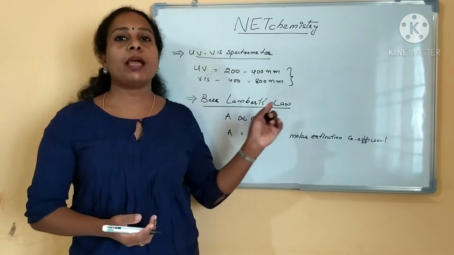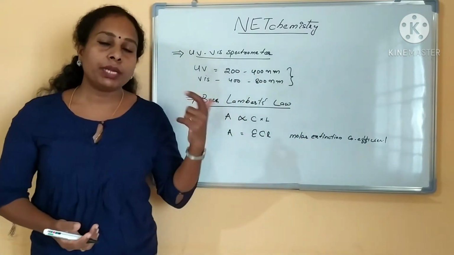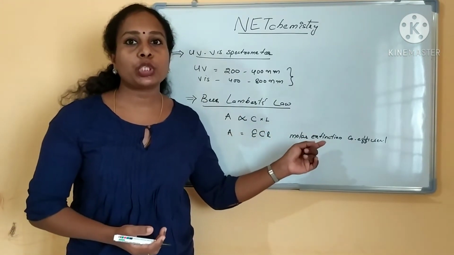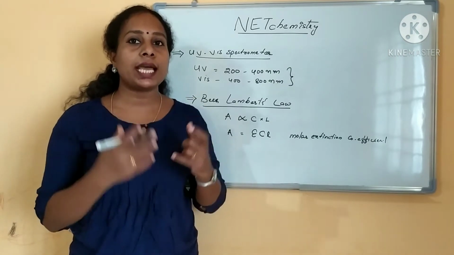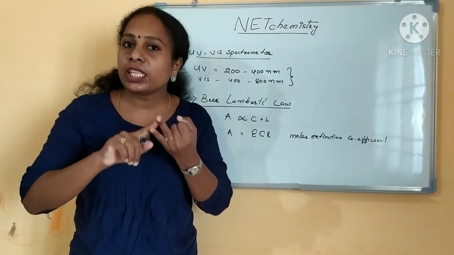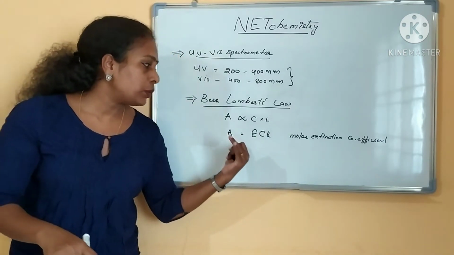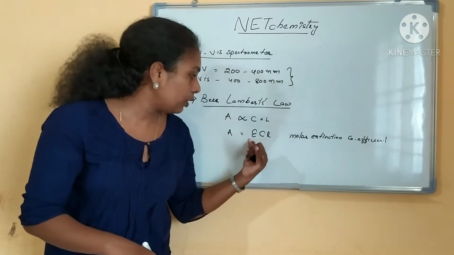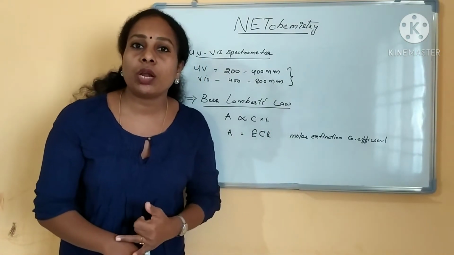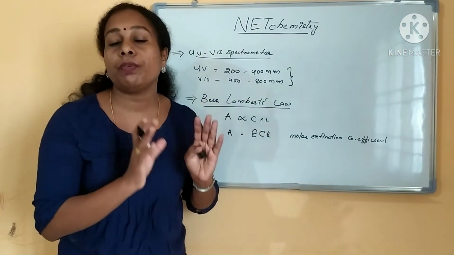Beer-Lambert's law states that absorbance by a sample is directly proportional to the concentration of that sample and the length of the sample cell in which we keep the sample. So absorbance equals a constant, epsilon, times C times l. Epsilon is the molar extinction coefficient or molar absorptivity coefficient.